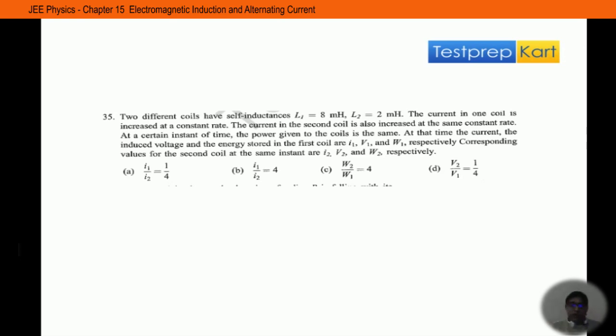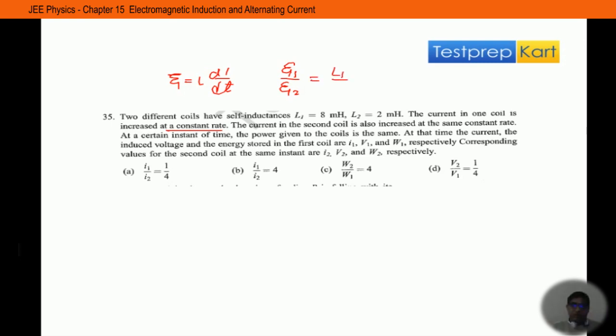Okay. So we already know that E equals L into di over dt. This is the very first relation. Now the question is saying that the current is increased at a constant rate. So di over dt is the same for both the inductors. So E1 over E2 from this equation we can write is equal to L1 over L2.